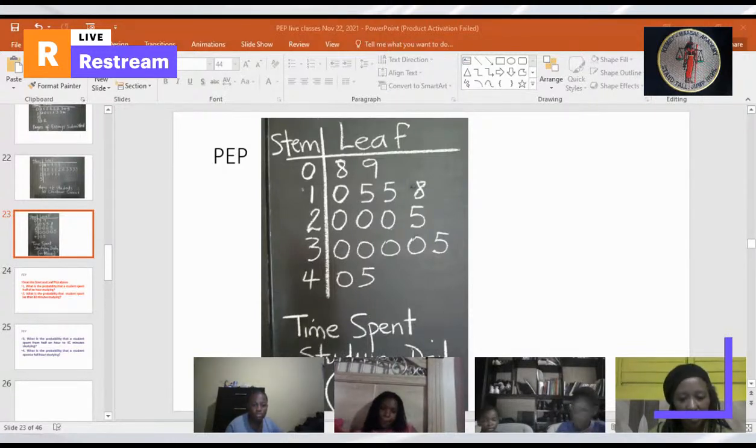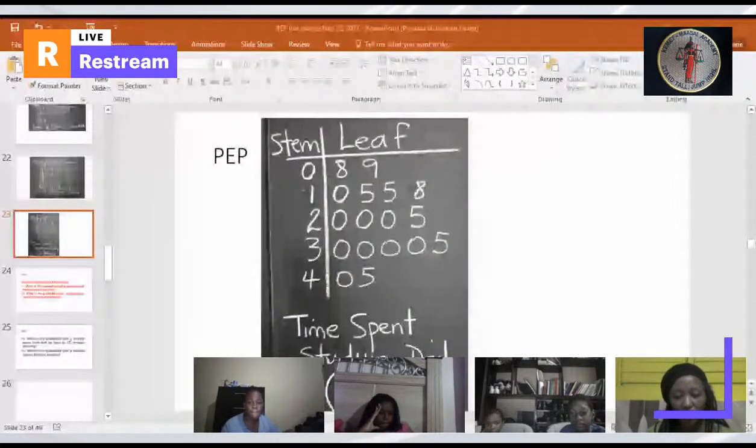Where's the 3, Jer? Miss, isn't it a 3? The first line. No. Where do you see the 3? In the stem section? Yes, Miss. No. Focus on the leaf for the actual numbers. Combine the stem with each of the leaf to get the actual numbers.